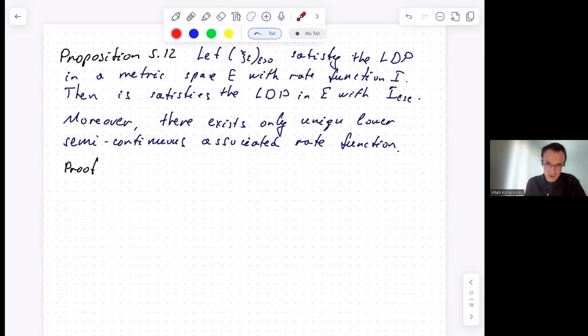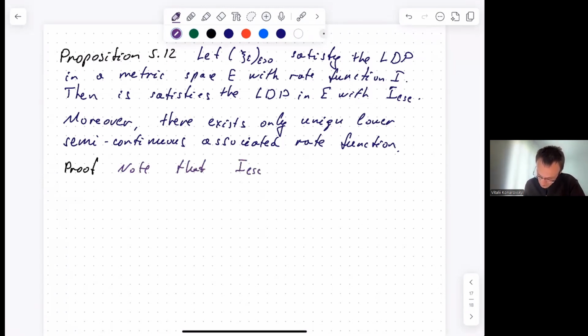First of all, we want to note that the lower semi-continuous regularization of I is less or equal than I. It follows from the previous lemma.